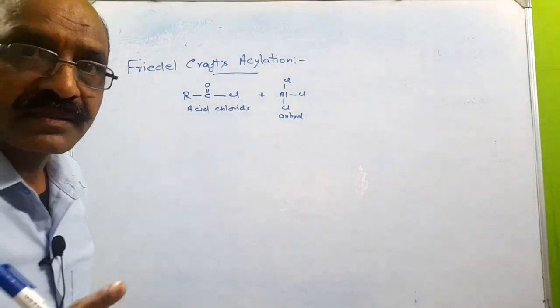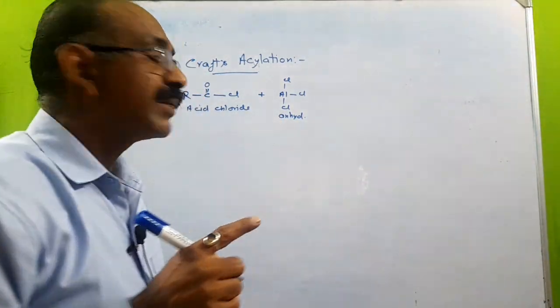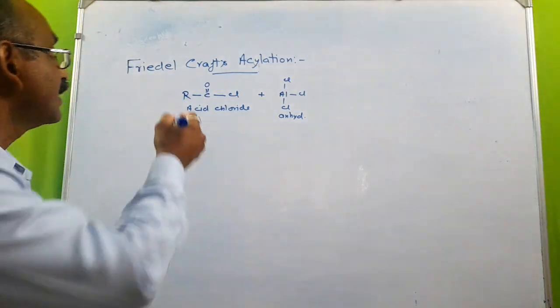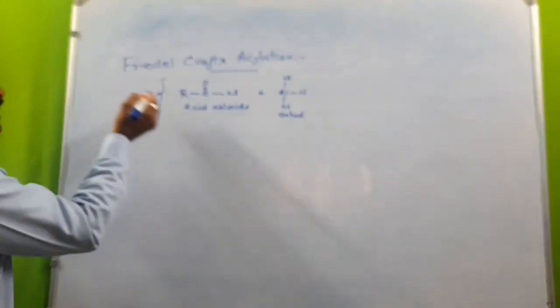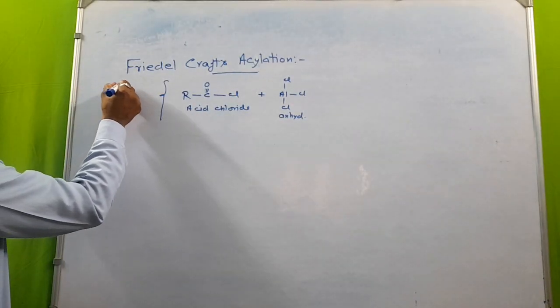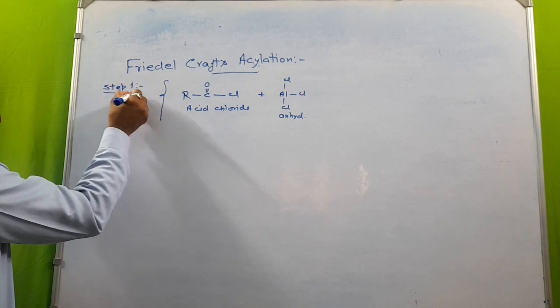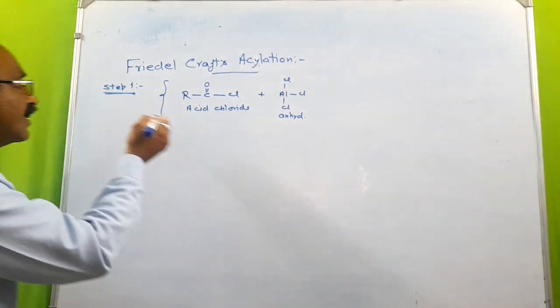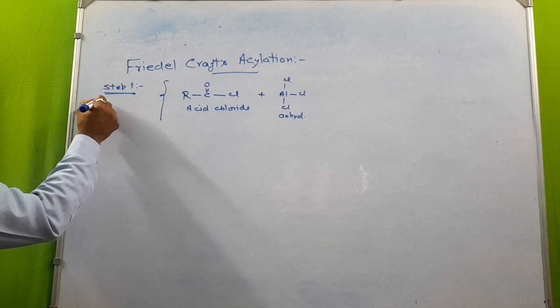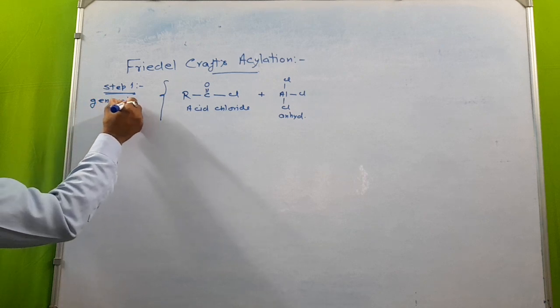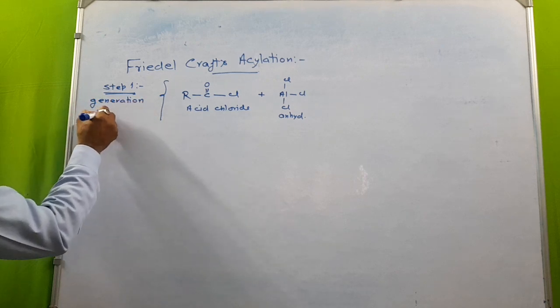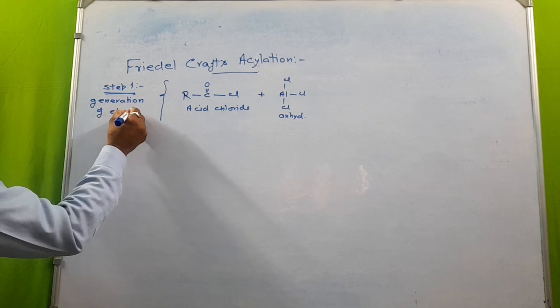The reaction is an example of electrophilic substitution reaction, and that's why the reaction occurs in 3 steps. In step 1, this involves generation of electrophile.